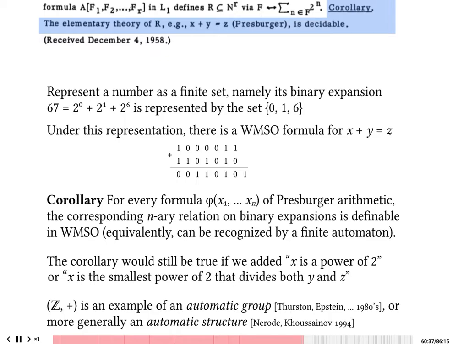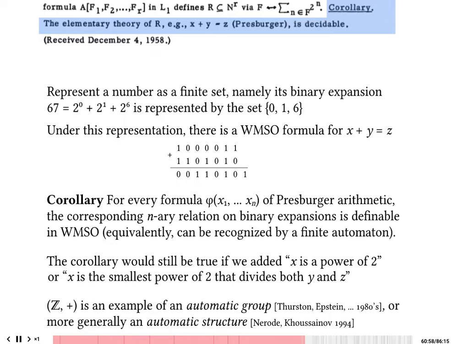There are 2 views on automatic groups. In both cases, the elements can be represented as strings over a finite alphabet. One approach is that the group operation can be implemented by an automaton.